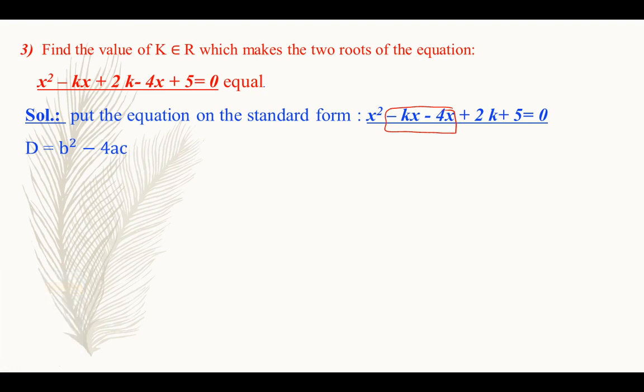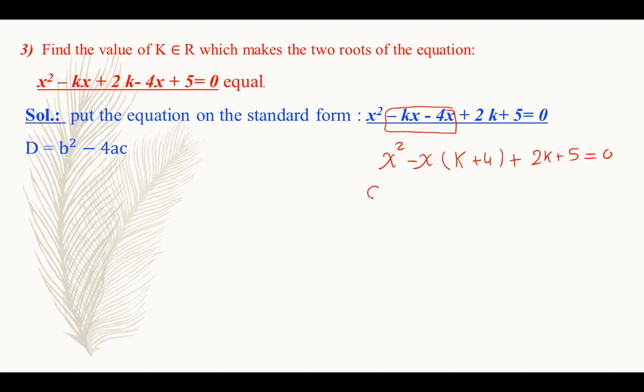We will write the quadratic equation again: x² minus (k plus 4)x plus the free term 2k plus 5, all of this equals 0.